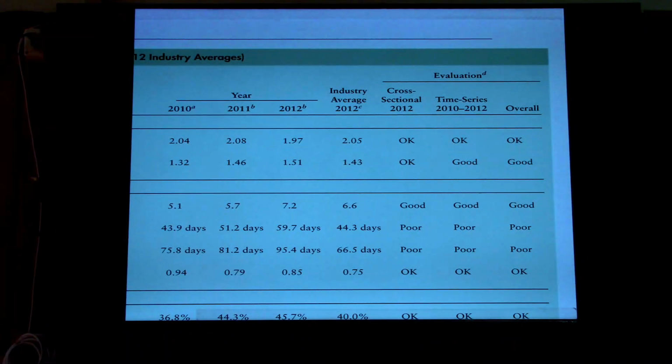But regarding the quick ratio, you note a plausible increase from 2010 to 2012, so it's acceptable compared to the industry average, and over the time series it is improving from one year to another, so the overall assessment is good and so on.